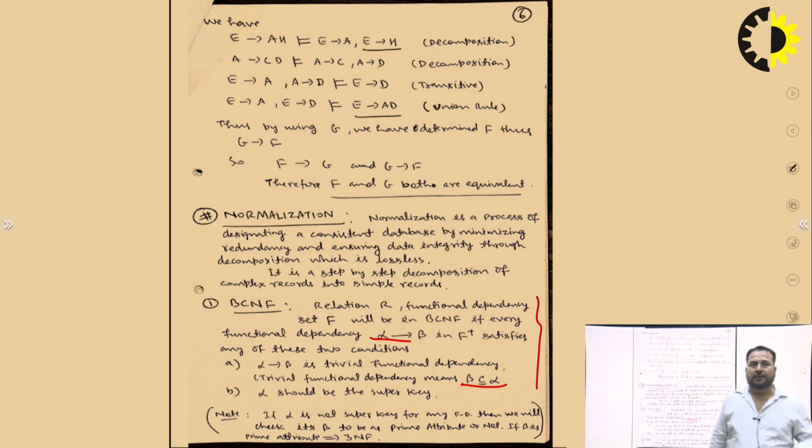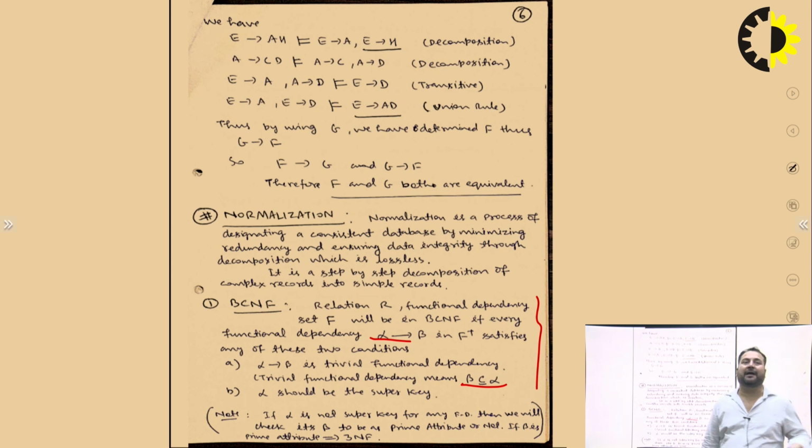If any FD of the given set does not have a key on its left side, meaning its left hand side is not a key, then we will go for 3NF.